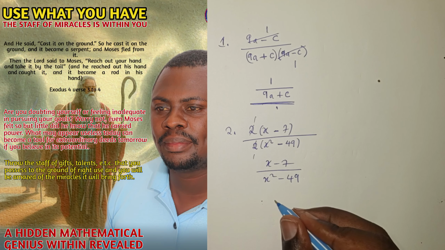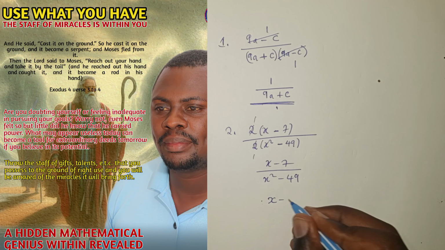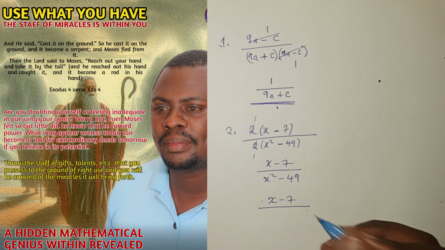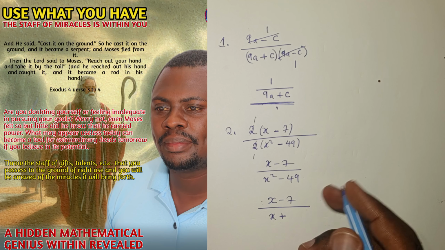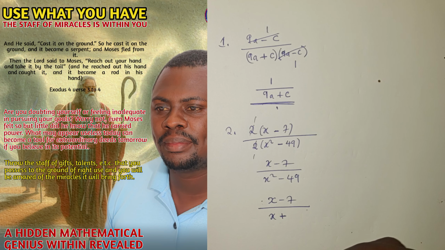Okay, so the numerator will be maintained, that is x minus 7 over, what's the square root of x squared? X. And plus, what's the square root of 49? 7. So you repeat the same thing, but with a minus in between. We have x minus 7.